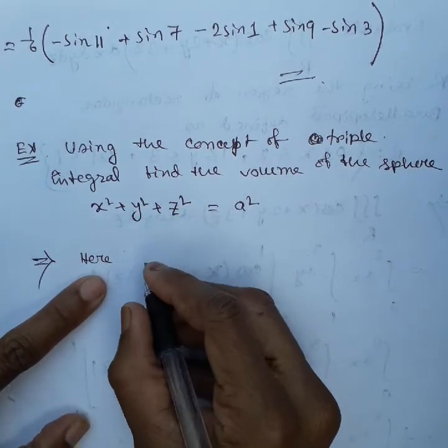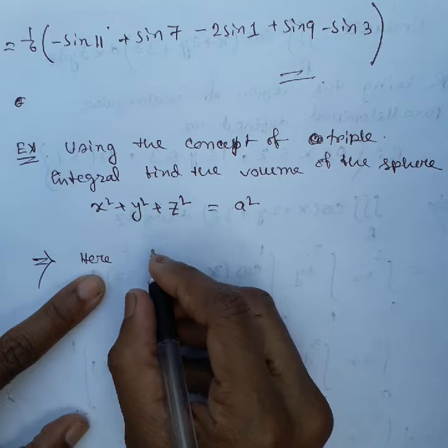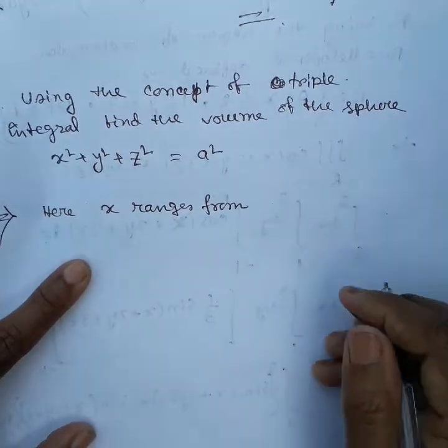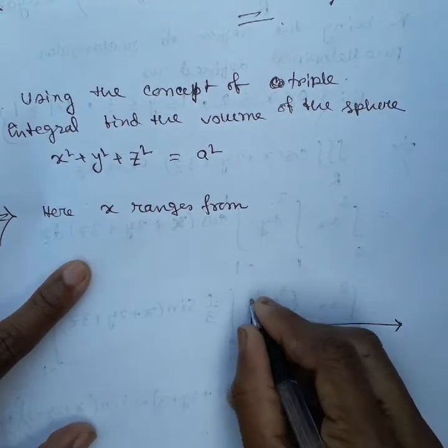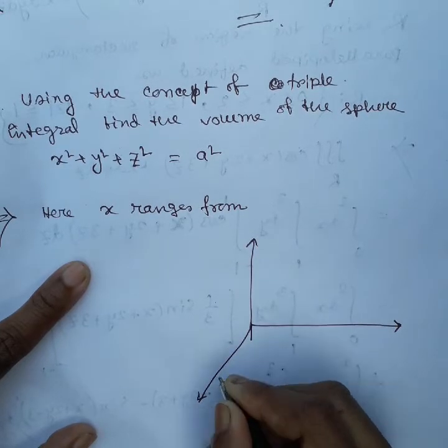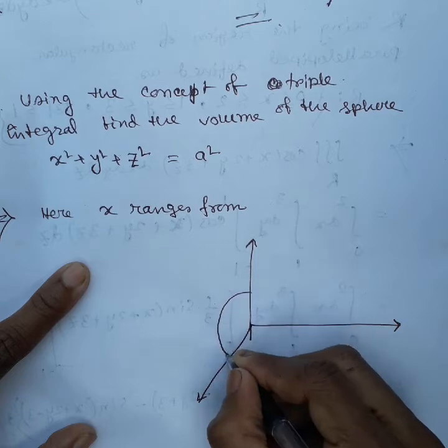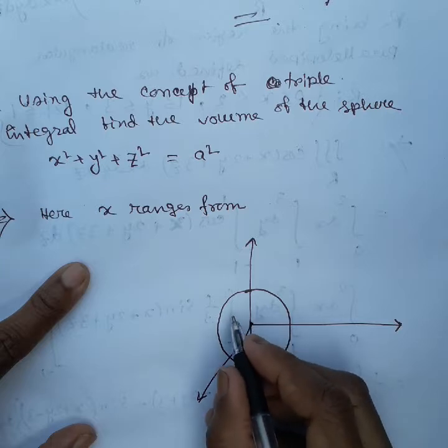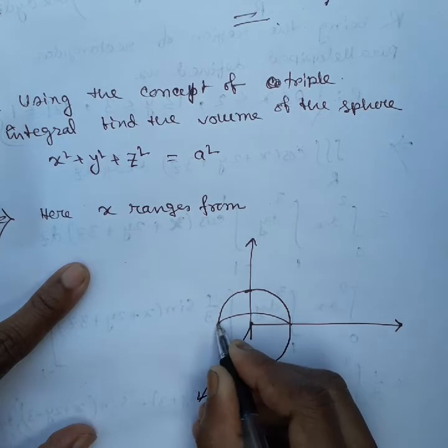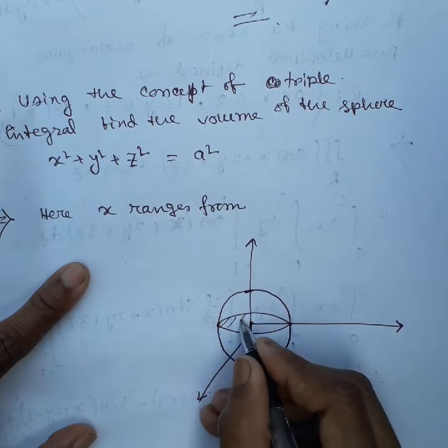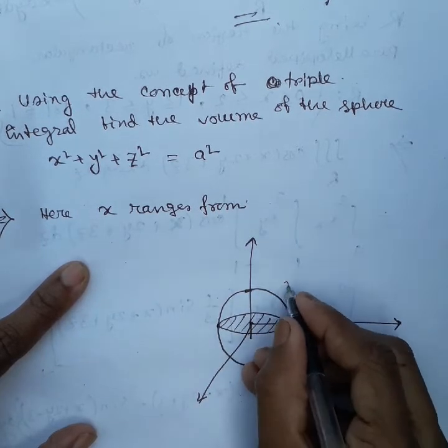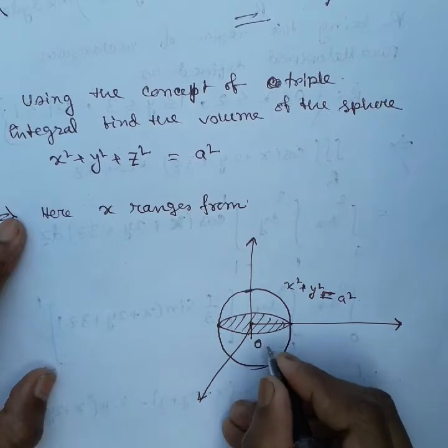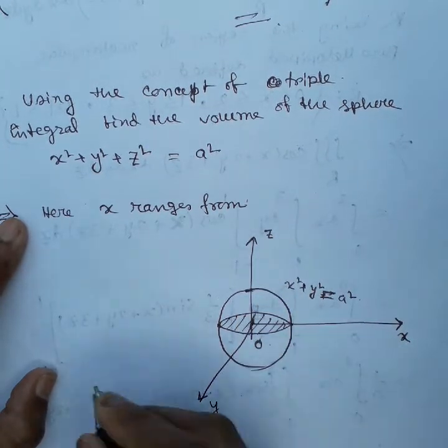First we draw the sphere. This is the region, the sphere with axes x, y, z.